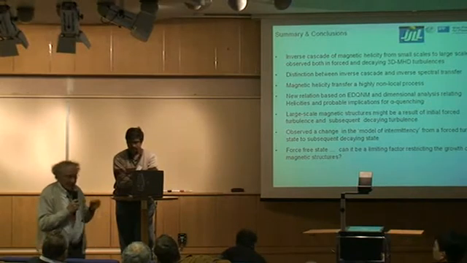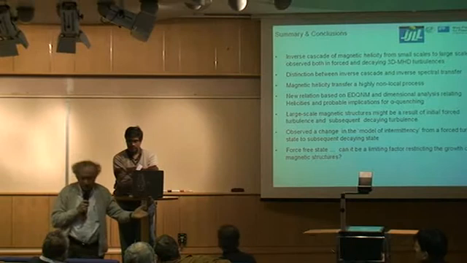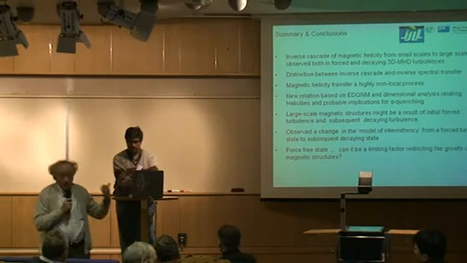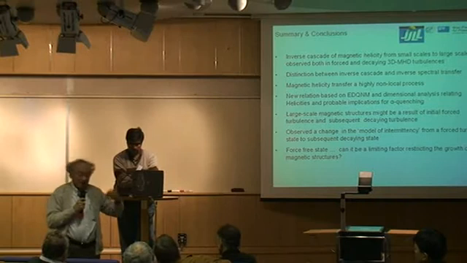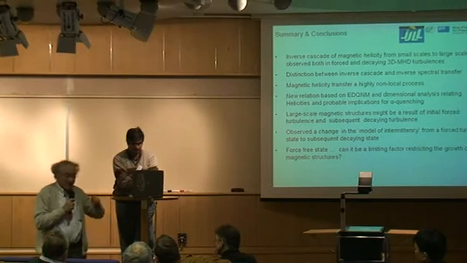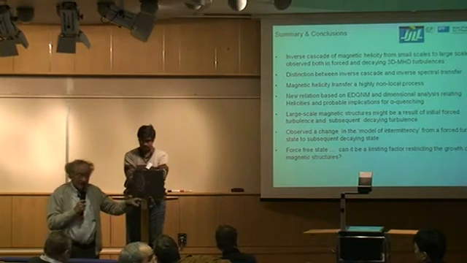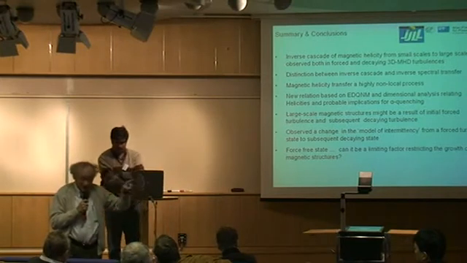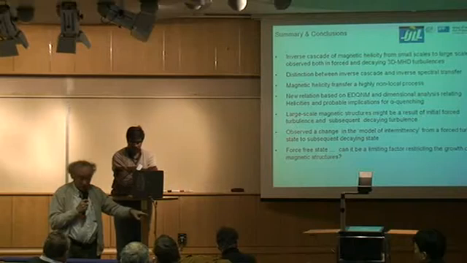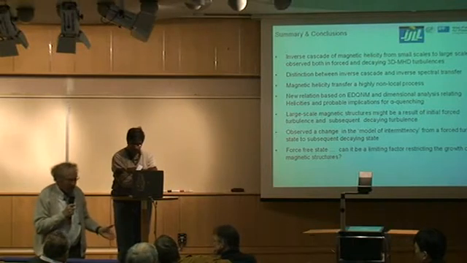And it's just, for example, when you align curl B with B, as you unavoidably do when the large-scale field is driven by an alpha effect, then it becomes a leading order force field. Now, this kind of alignment, which is not taking place in a fixed direction, but in a random direction, is not captured by closure, but would have to include at least fourth order moment to capture it.